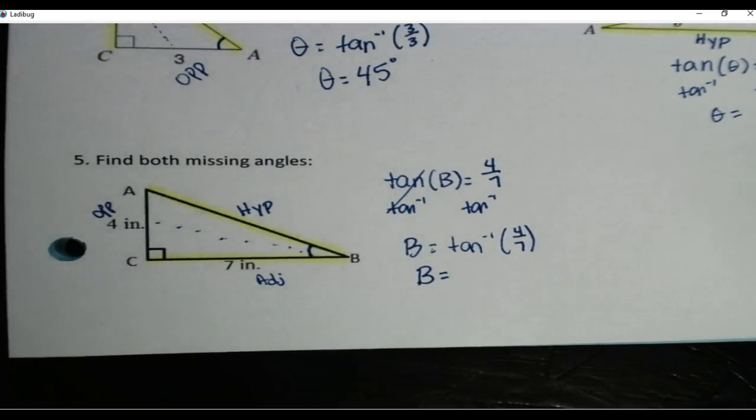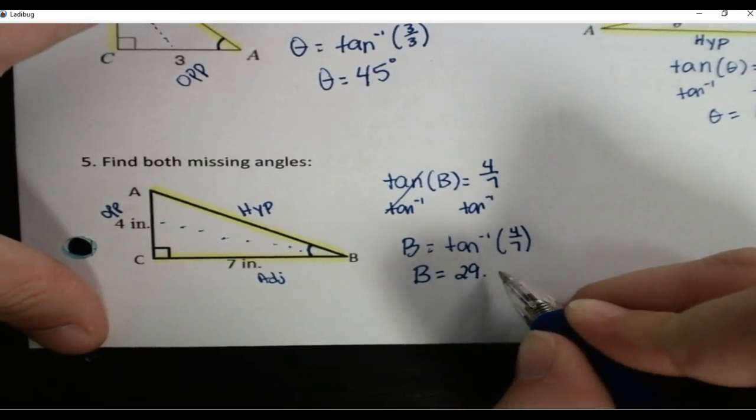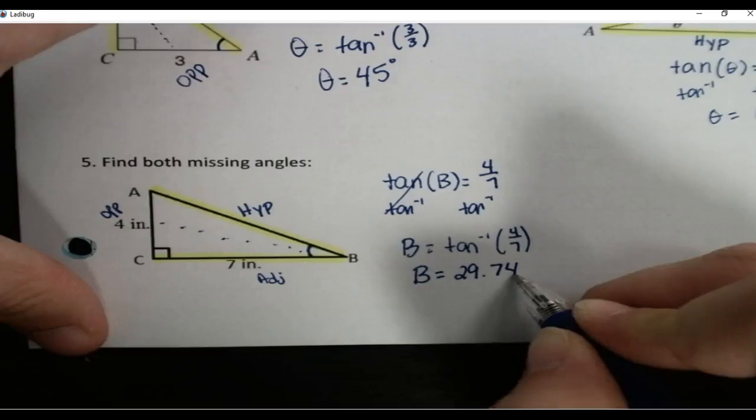Hopefully you type that in and you get that B equals 29.74.